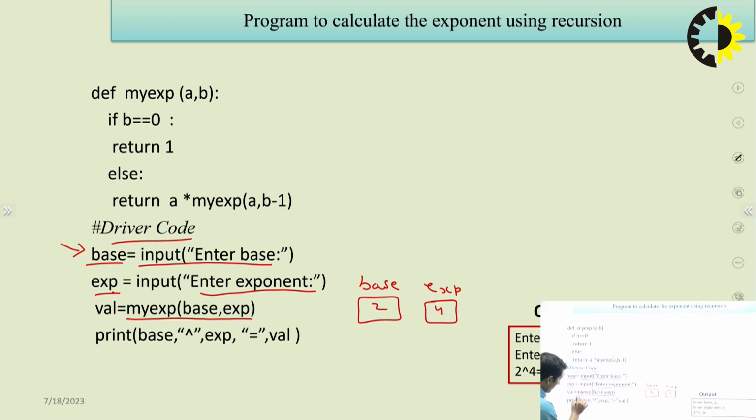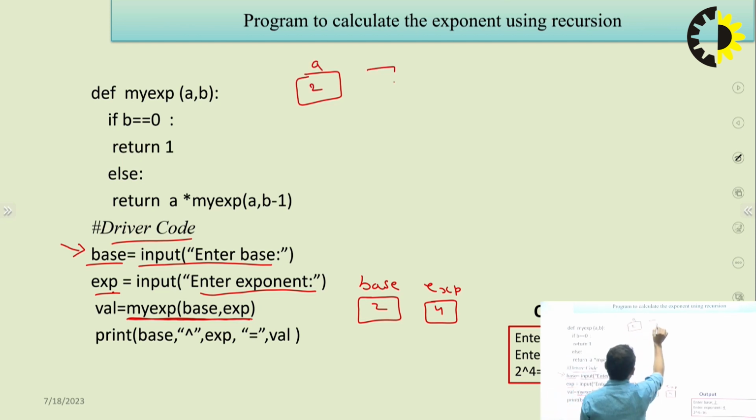Now this function call myexp with base and exp as parameters, we will receive this 4 into the a parameter and the b parameter.